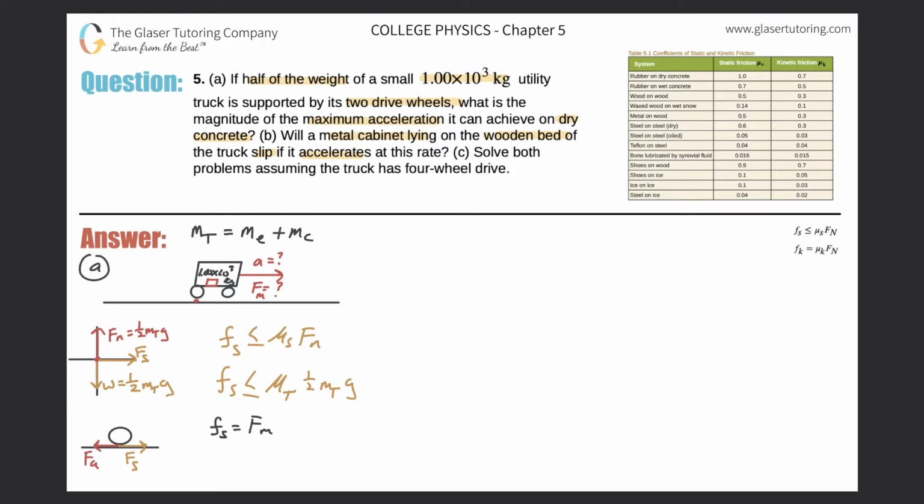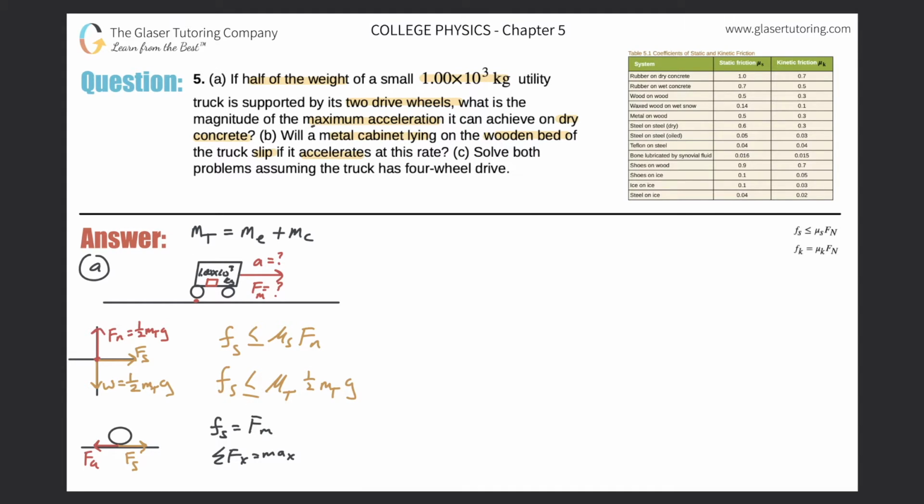So now I realize that the sum of the forces in the x direction should equal the mass that is being accelerated multiplied by the acceleration of that object in that direction. So remember, this is the force of motion, and it is being produced by the force of static friction. And we know the force of static friction is this. Now you might say, well, wait a minute, it's not equal to, it's less than or equal to.